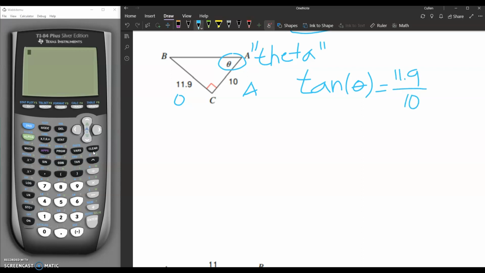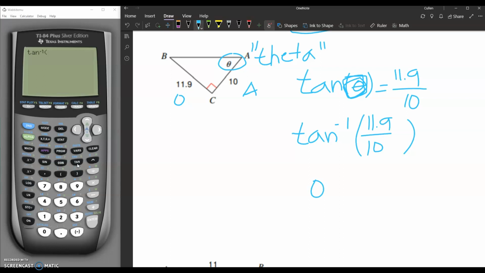And then what you want to do to solve for theta on any of the angle problems is inverse tangent. And how do you do inverse tangent? It's just tangent -1. That's the notation people would typically use for it. And you can get it on your calculator if you do second, and then tangent. It'll pull up tan -1. And you're just going to do tan -1 of the fraction you just found, so 11.9 over 10.